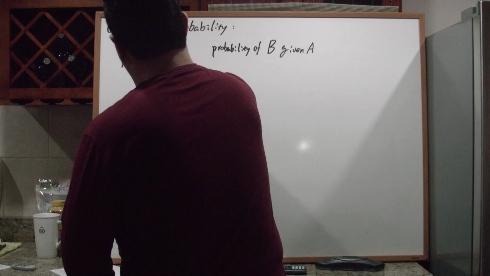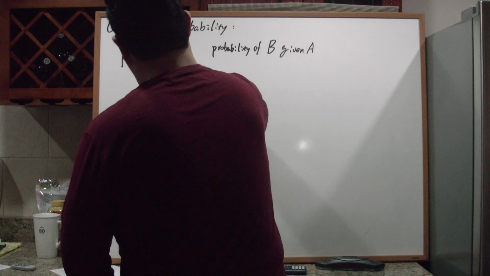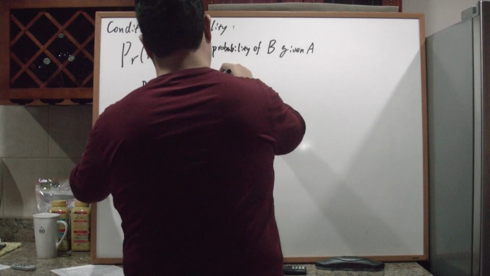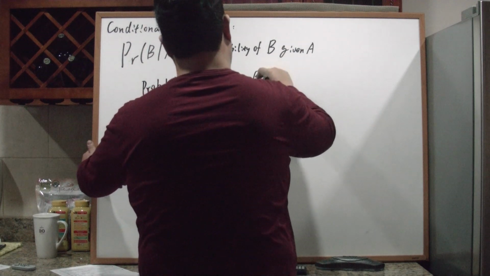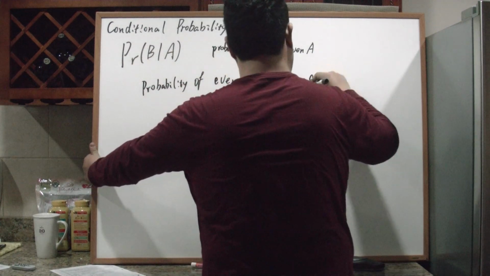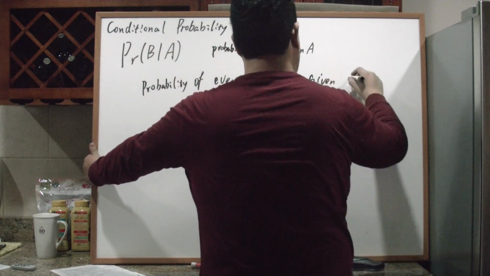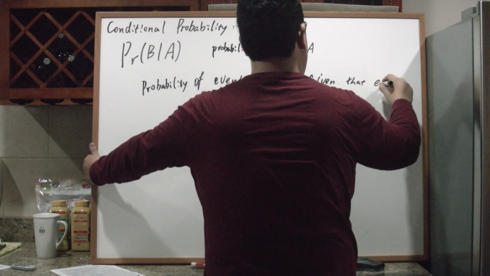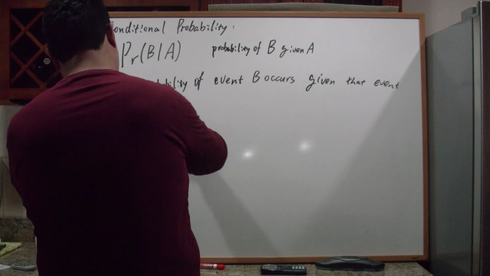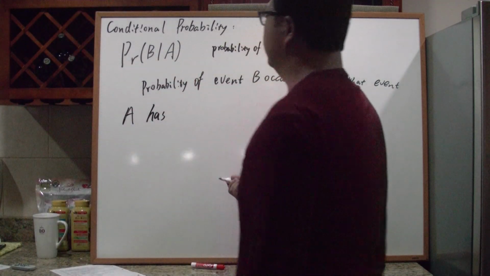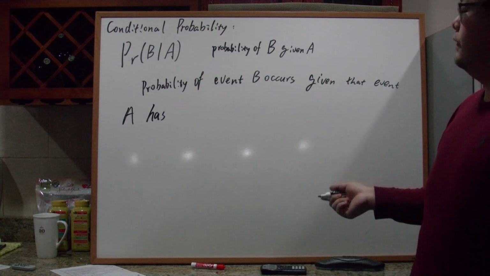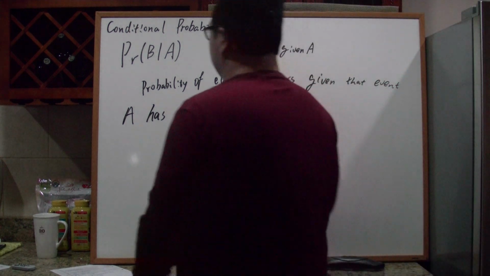That represents the probability of event B, given that A is the condition here, so the probability of event B occurs given that the event A has already occurred.